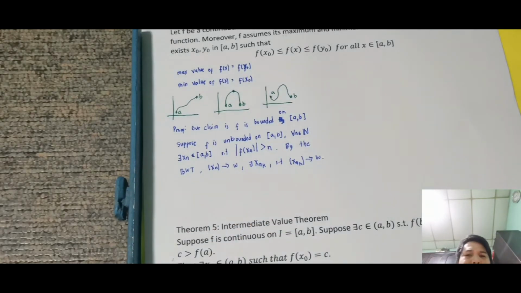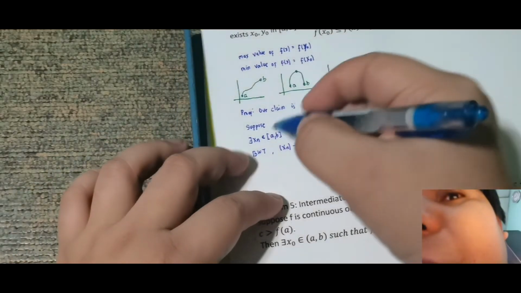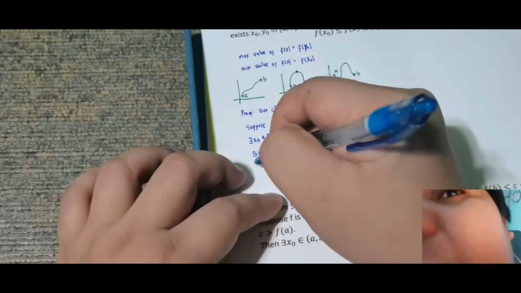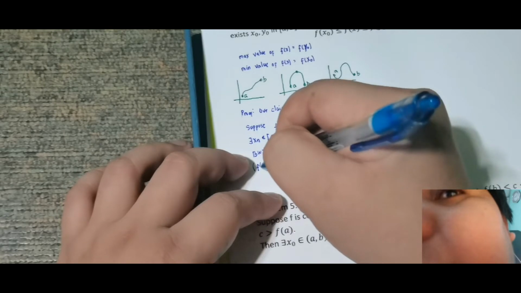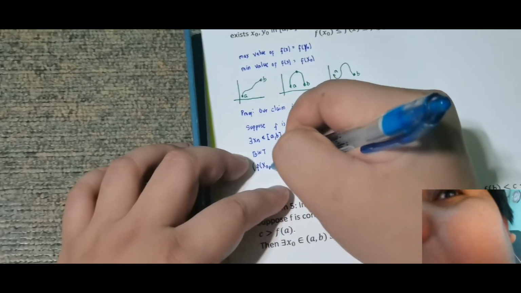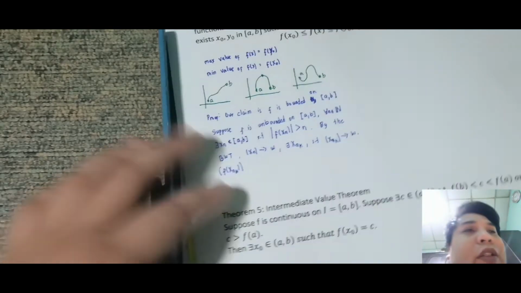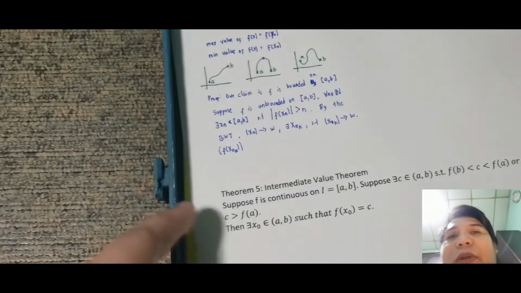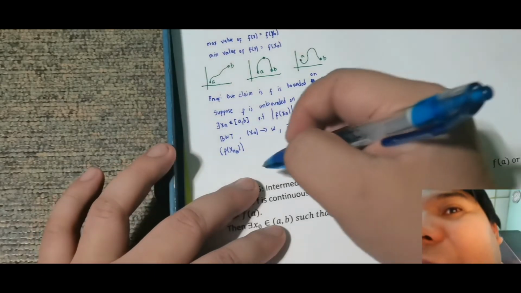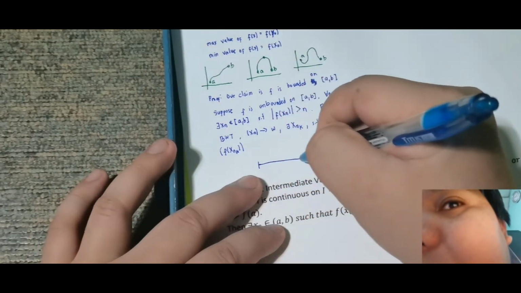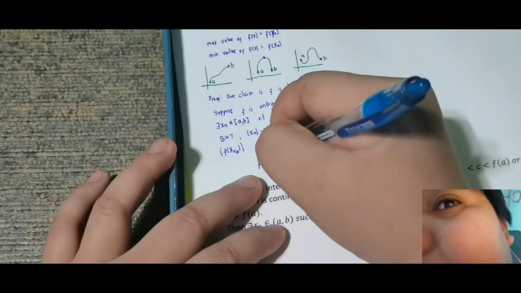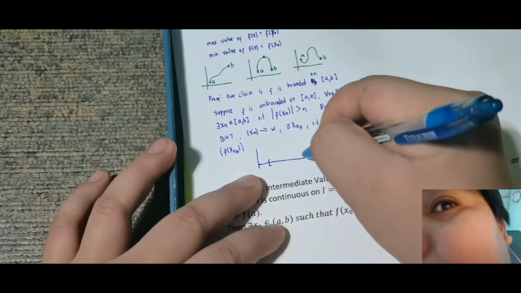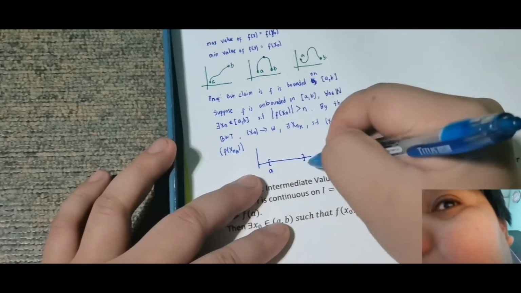Ano ibig sabihin nun? Kung merong ganong nangyari, ibig sabihin si x sub n is convergent. Tama? Or, yung f of x sub n, so try natin, kunyari yung sequence nung f of x sub n sub k, so again, sequence yan. Sequence ng mga function among dun sa ating interval. So, for example, kunyari, ito yung AB.